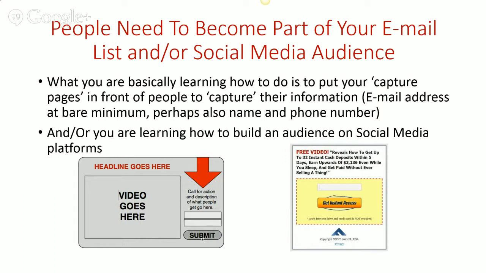If it's a very cold audience, you're better going for numbers and therefore just asking for email addresses. If it's an audience which is going to get to know you pretty quickly, like through a video, say on YouTube, then you can ask for more information, because that audience warms up to you more quickly. And/or you're learning how to build an audience on social media platforms.